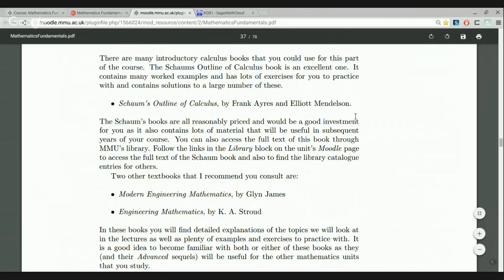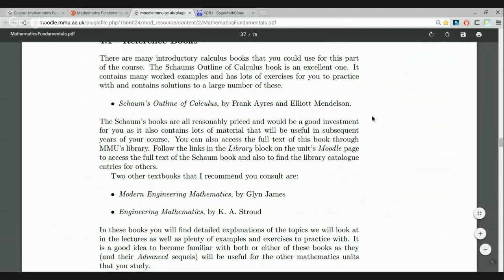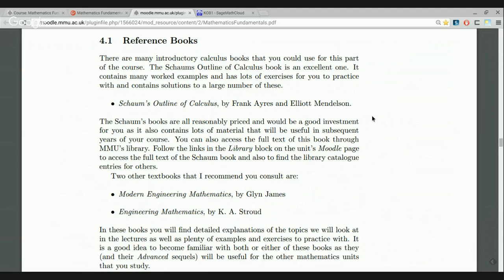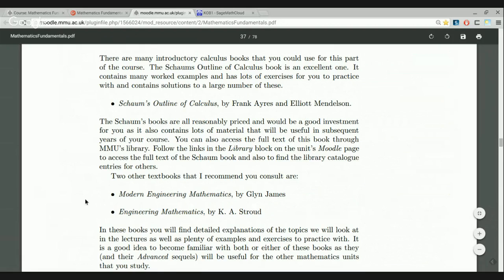Now, the situation has changed. In these descriptions, I'm referring to the fact that the Schaum's Outline of Calculus book is available as an ebook through the library website. This is now even better: the Modern Engineering Mathematics book is available as an ebook there too.